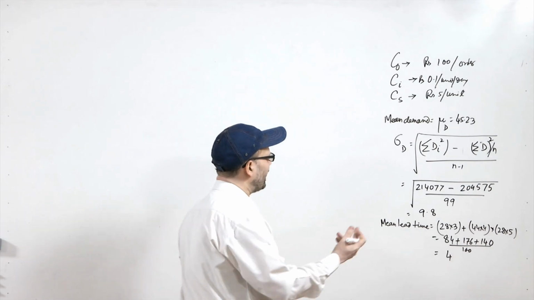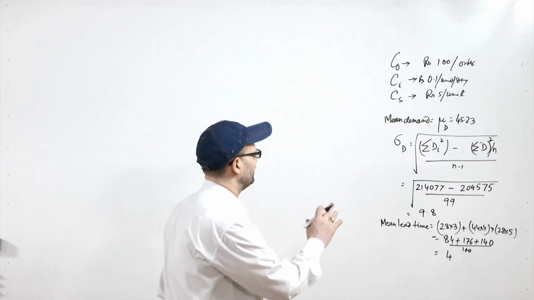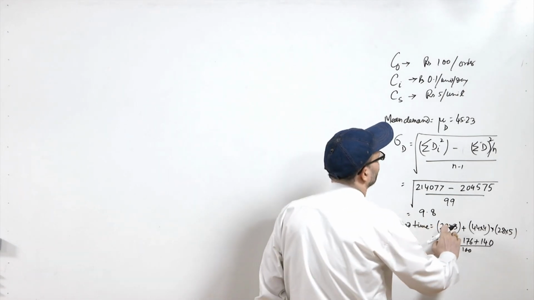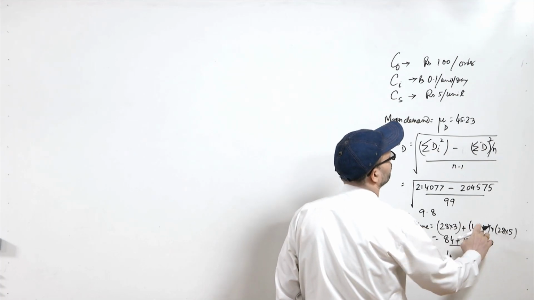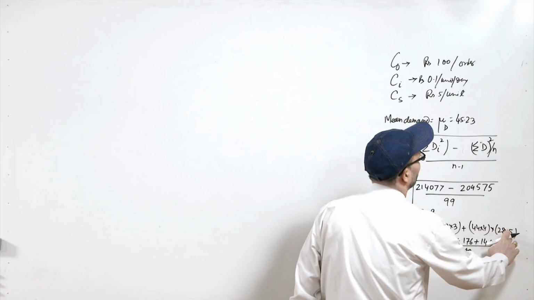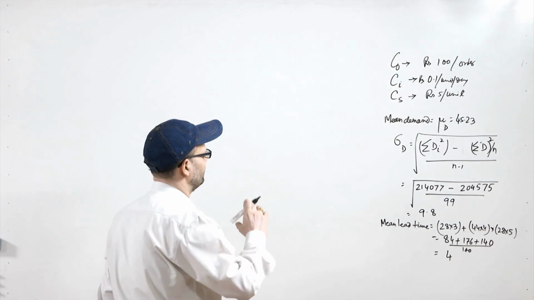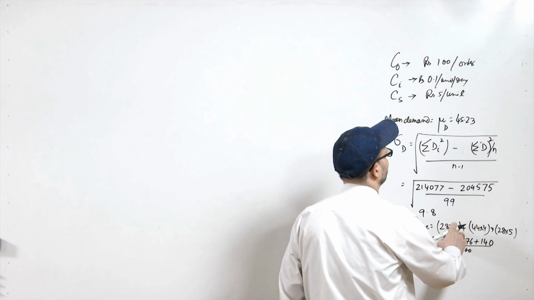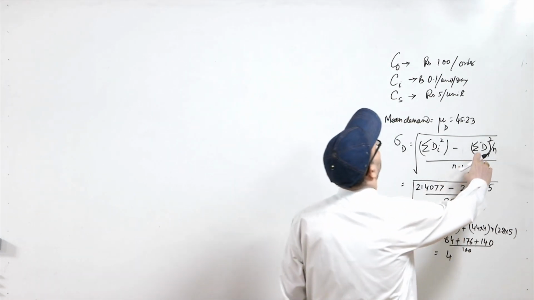You can also find the standard deviation of the lead time. It will be 28 into 3 square plus 44 into 4 square plus 28 into 5 square, that is the summation of Fi xi square, and then minus the mean square, using a similar formula.